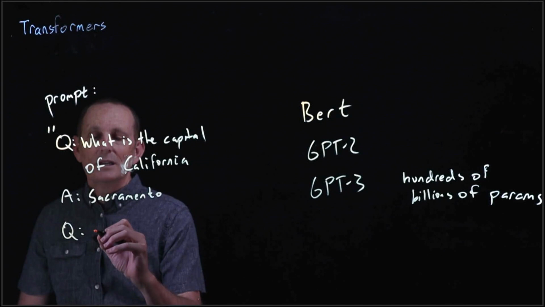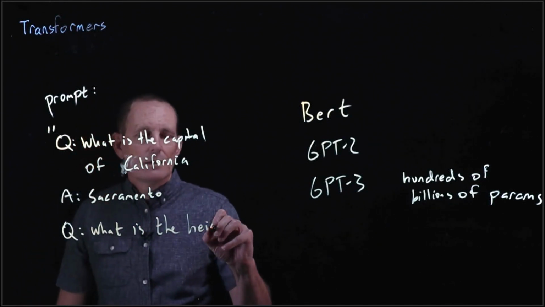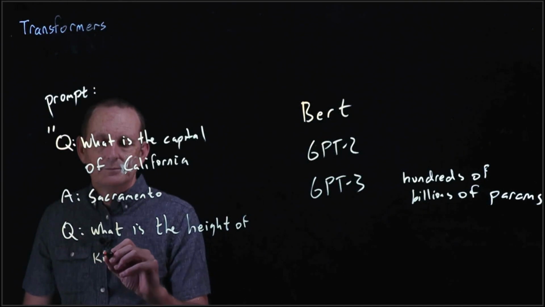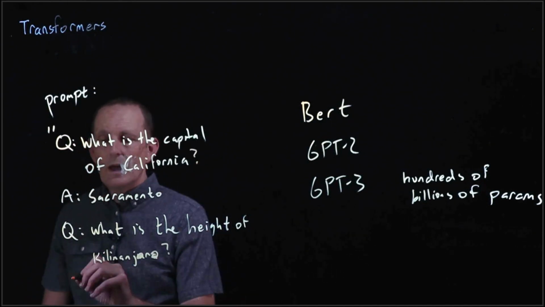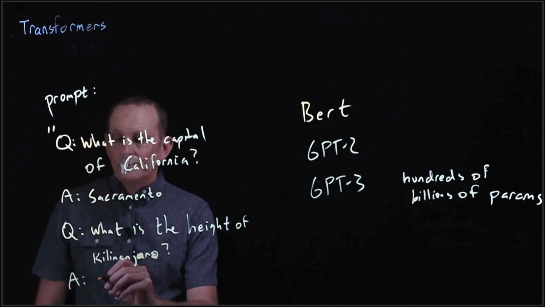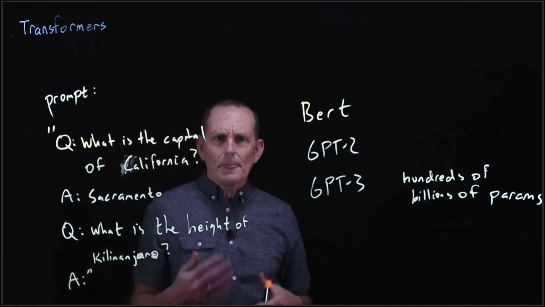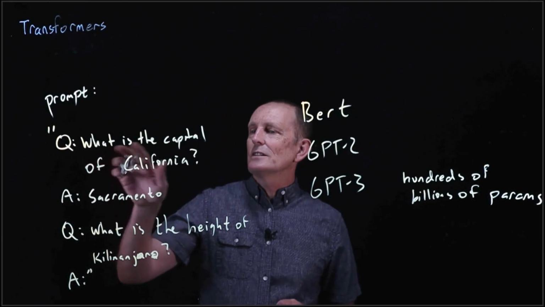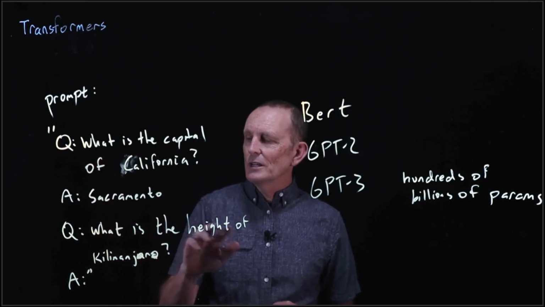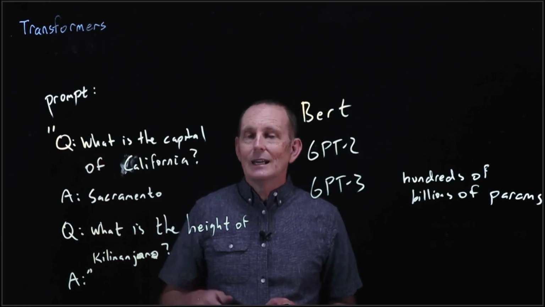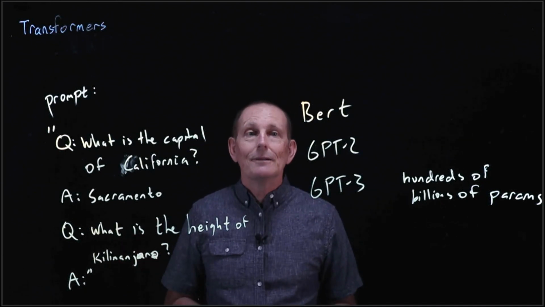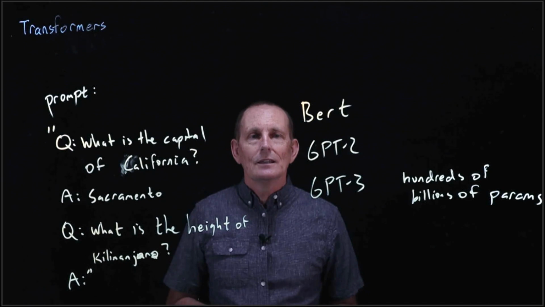Your question is going to be, what's the height of Kilimanjaro? And then A. Well, if this is your prompt, if you're asking a human, here's some text: Q, what is the capital of California? A, Sacramento. Q, what is the height of Kilimanjaro? A, colon. Clearly the next thing to produce would be the answer to this question. GPT-3 can do things like that.